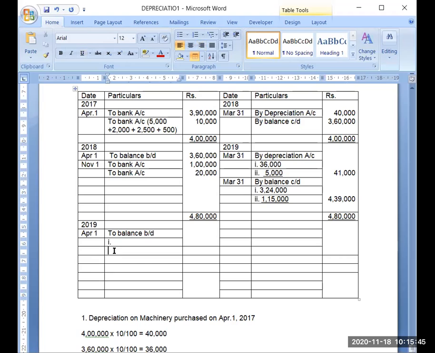First machine and second machine. So now the balances will be same as closing balances.